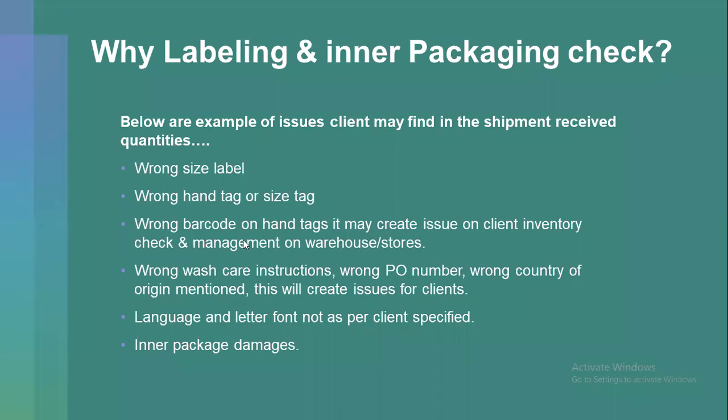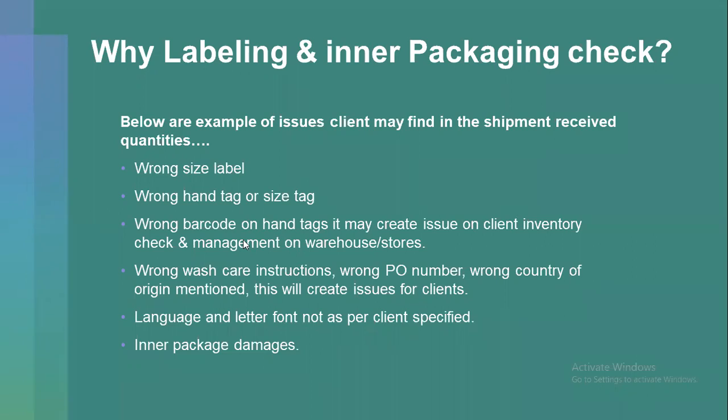So why is it important to check? To eliminate the wrong label on the product, wrong hang tag or size tag, wrong barcode on hang tags. It may create issues in the client's inventory check and management in warehouses or stores during their stock verification, in-house stock verification.